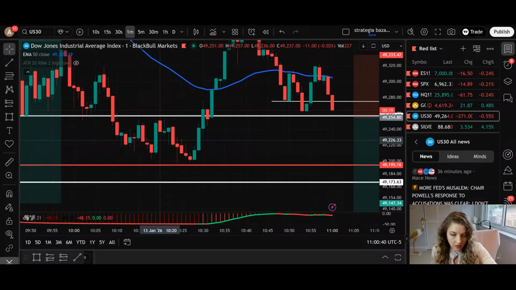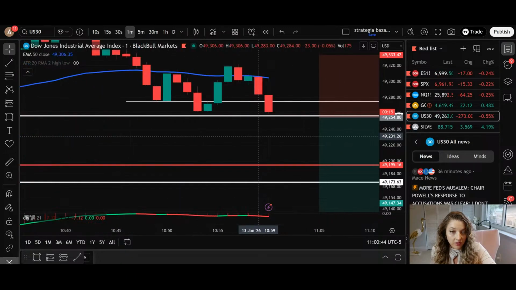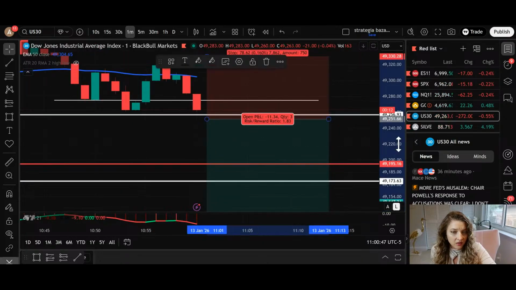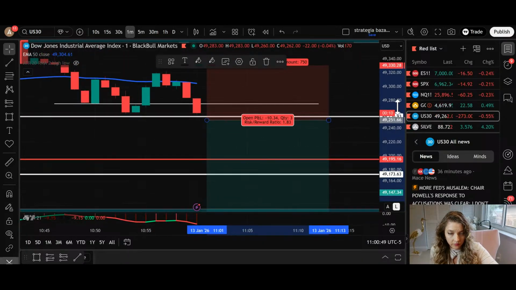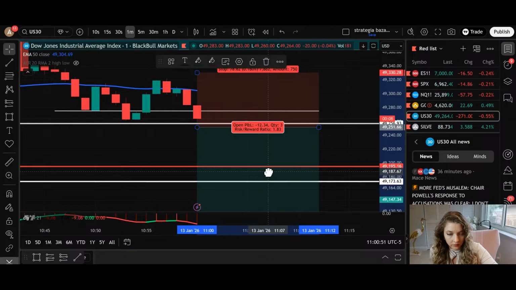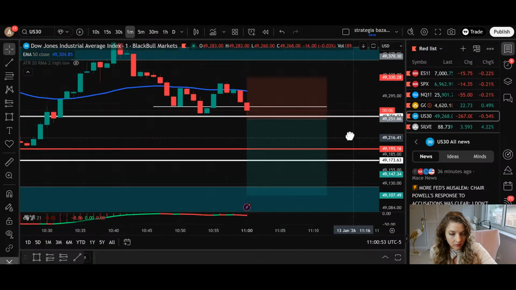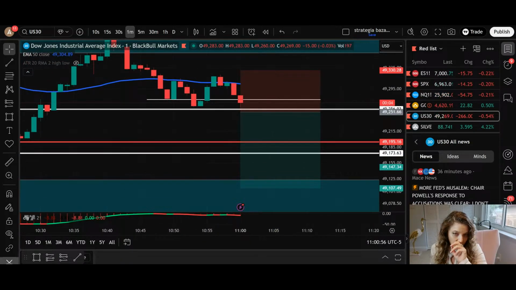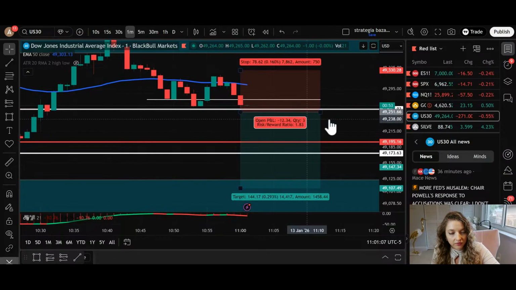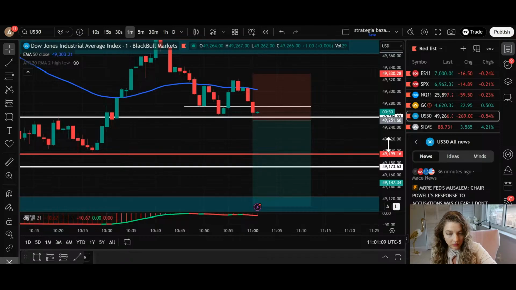Like this candle, the high of this candle? I do use that kind of thing when I mark my levels, but I usually mark the full candle, the full low candle or a group of candles, whatever it is.